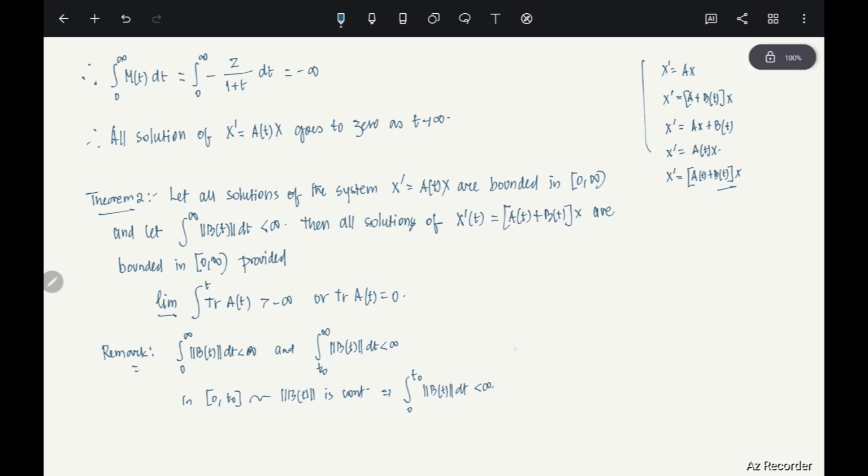Hence we write it like this, with no lower bound. Is this clear? We don't put any restriction.